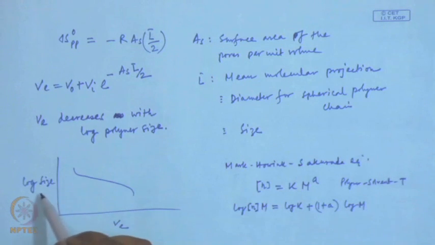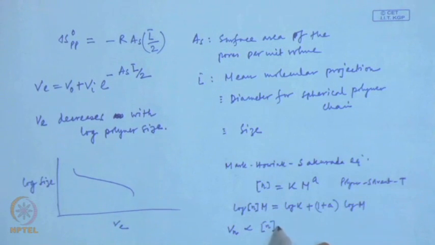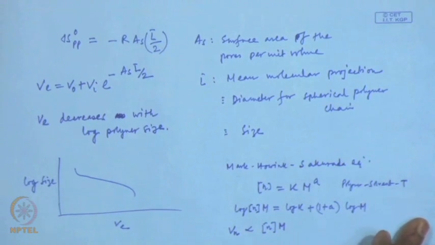Now, remember from our discussion on solution behavior of polymer molecules, polymer size in solution means hydrodynamic volume V_H, proportional to eta M. We have seen these relations before.